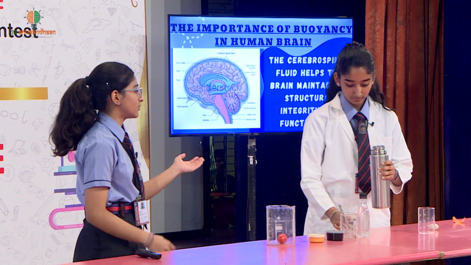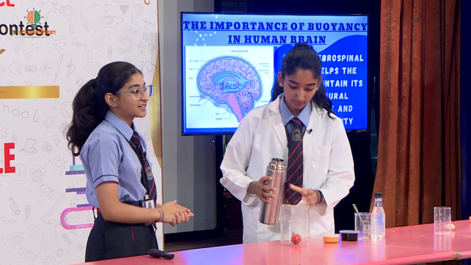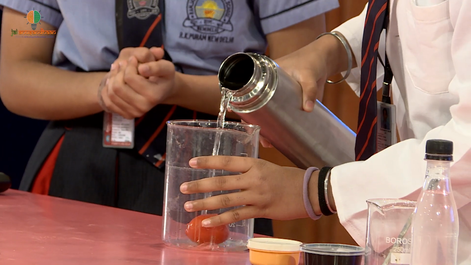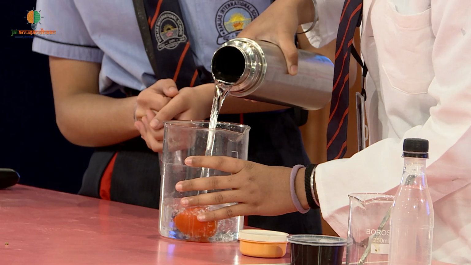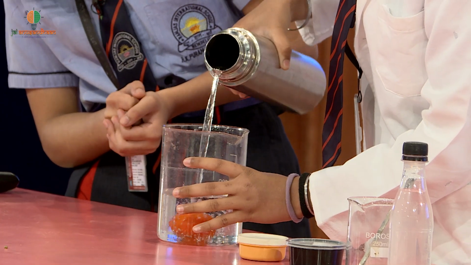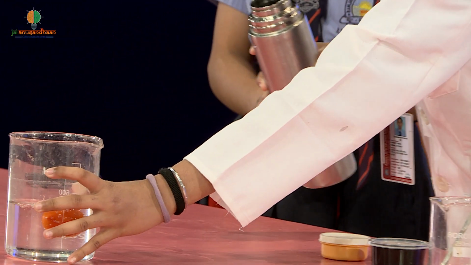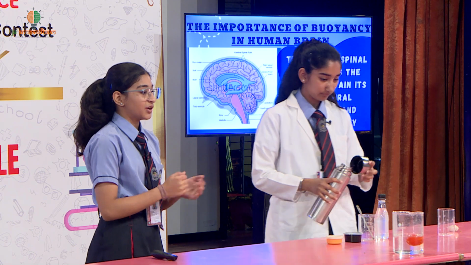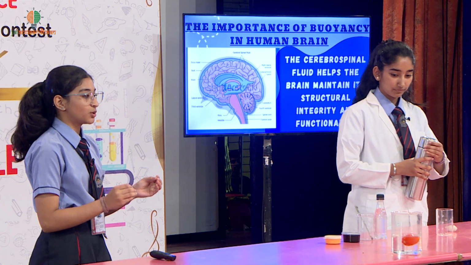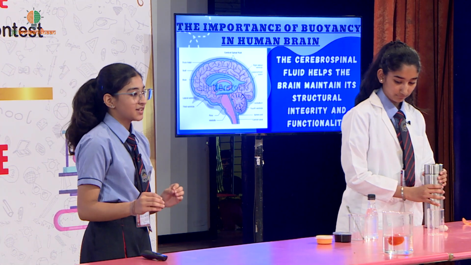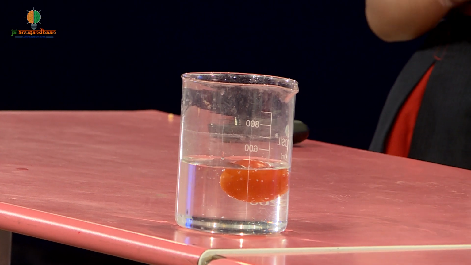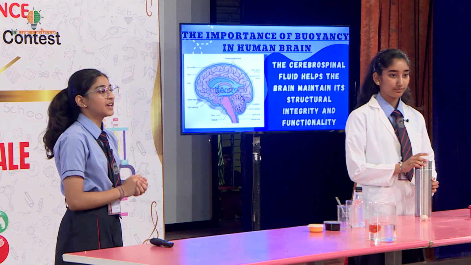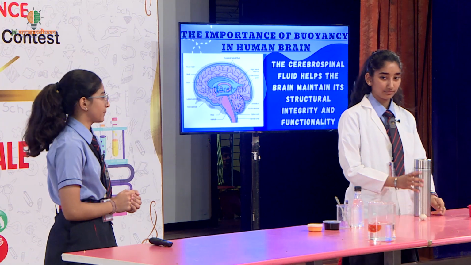Now we'll pour some water here, and let's assume that this water is the cerebrospinal fluid. As seen here, the tomato neither floats nor sinks. This represents neutral buoyancy. In a similar manner, our brain shows neutral buoyancy in the cerebrospinal fluid.